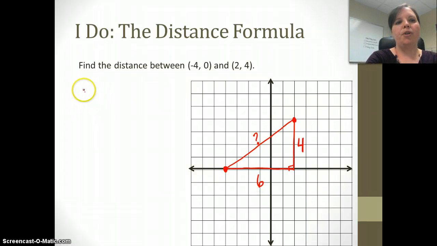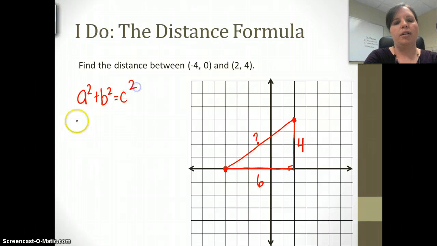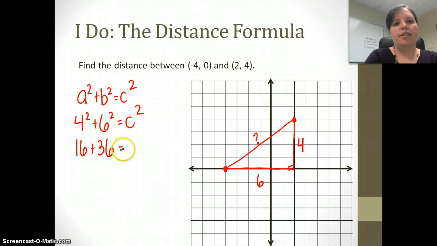So again, I prefer to do a squared plus b squared equals c squared. 4 squared plus 6 squared equals that missing length squared. 4 squared is 16. 6 squared is 36. That's 52 that I'm taking the square root of.